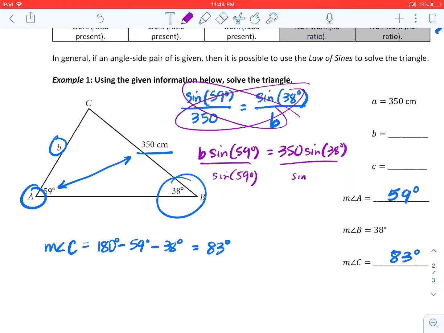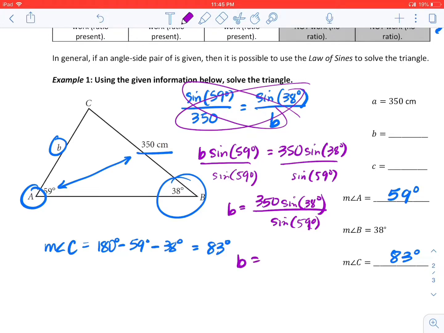The exact value of B is 350 sine of 38 divided by sine of 59. Now I can stick that into the calculator.